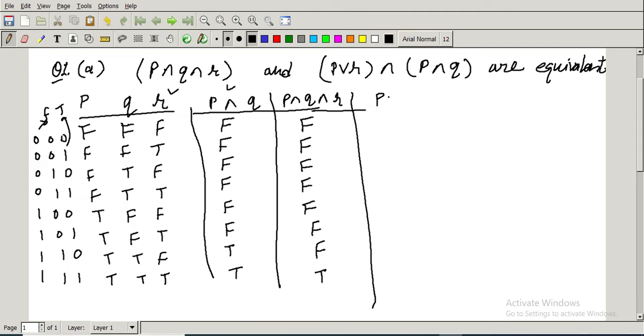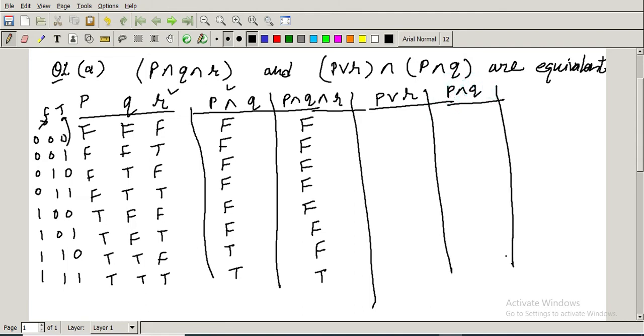Now find P or R, and P and Q, and then finally the statement P or R and P and Q. Now see, P or R: P is this, R is this. This is your disjunction, and in disjunction, if one of the variables is true, then the whole statement is true.